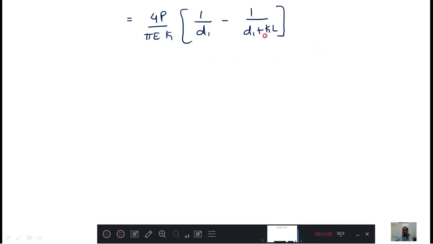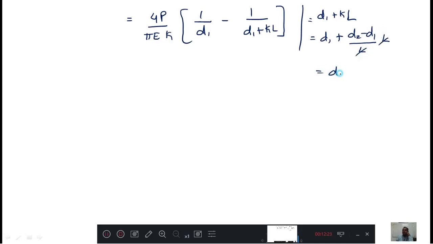Then this entire term I will look at here. You just look at here, d1 plus kL. See, what is d1? d1 is d1. What is k? d2 minus d1 divided by L. And then what is L? L is L. Then this cancels.